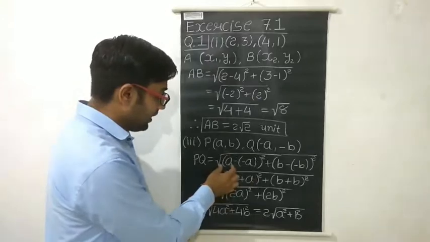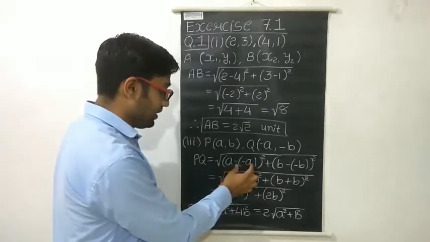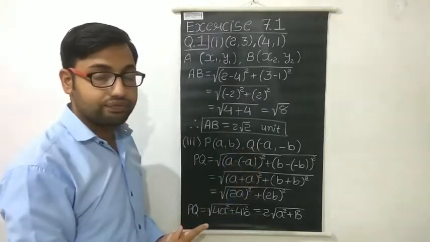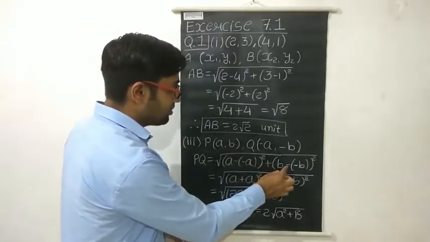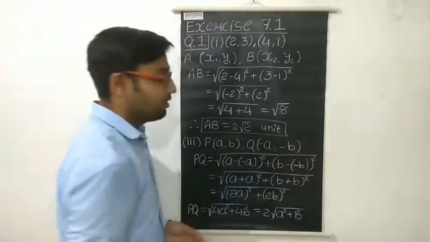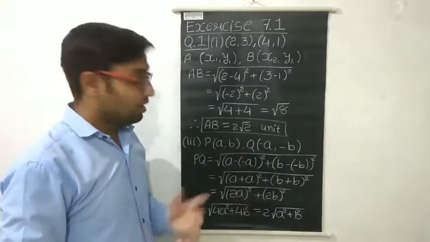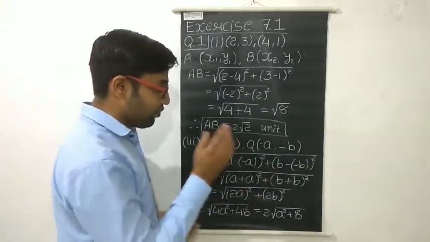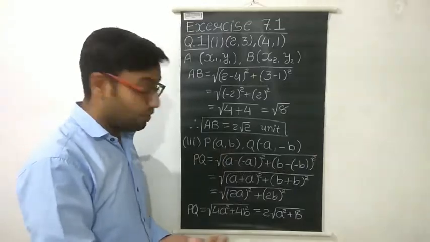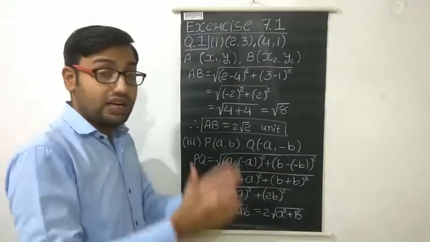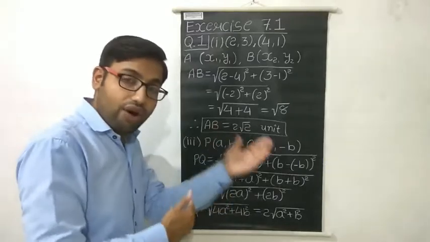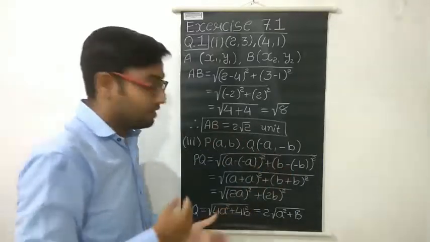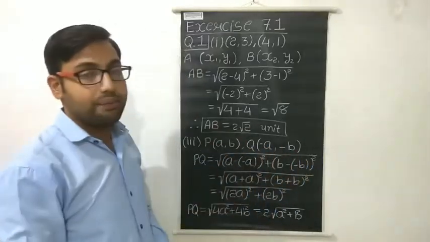So here we get A minus of minus A whole bracket square. In the same way here also B minus of minus B whole square. Do not confuse here. We have to put both the minus values, because the first minus value is already in the formula and the second minus value is of the coordinate value, that is minus B. So we have to put here minus B.